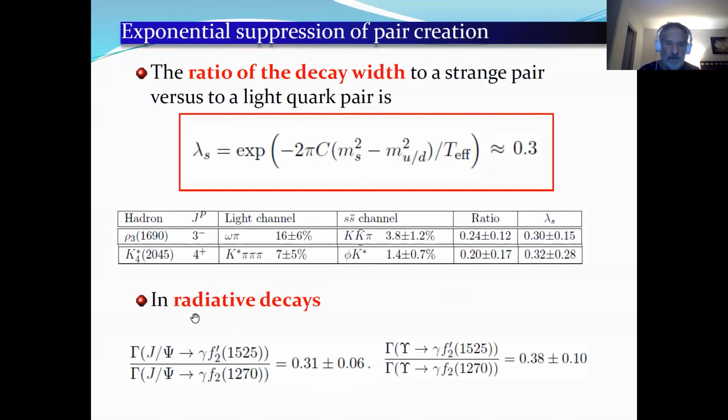And also when we look at radiative decays, this is also around 0.3. So we have an indication that not only the spectra, but also the decay widths fit nicely this stringy picture.